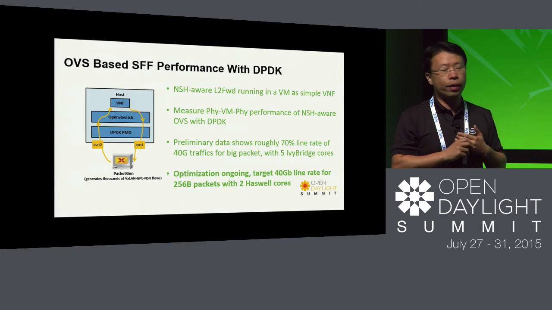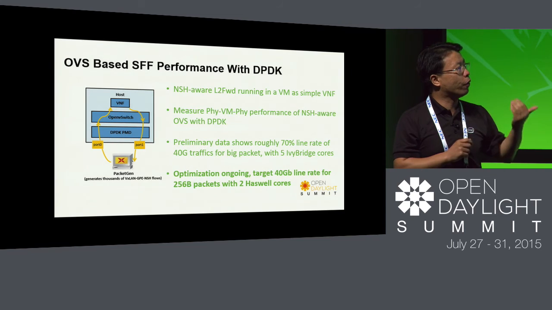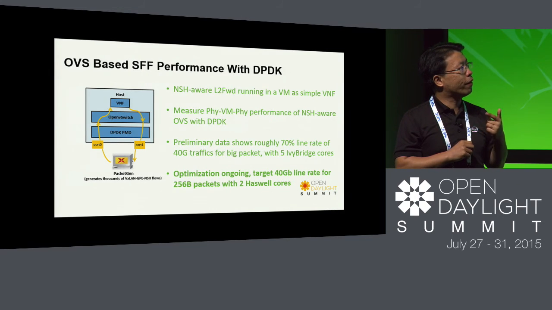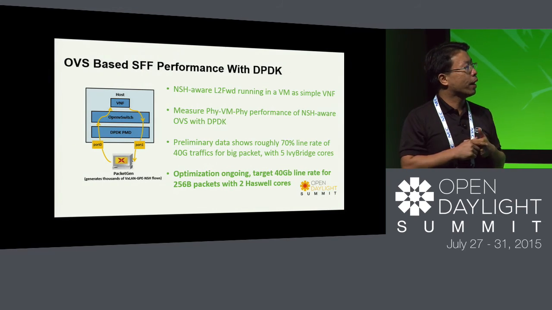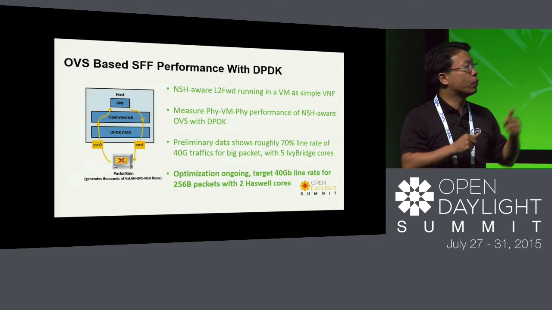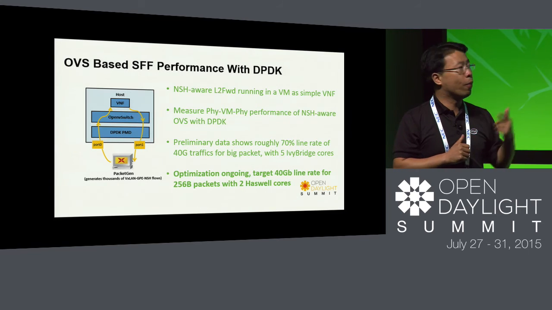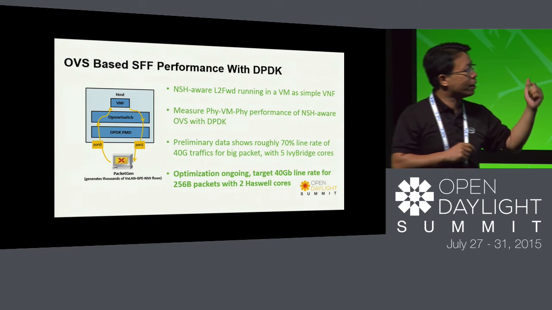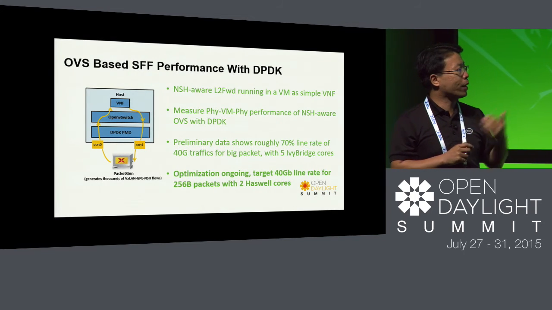The VNF here is just a very simple L2 forward application, which is NSH aware, by the way. Once it receives the traffic, it does a very simple task: it decrements the service index, then forwards the traffic back to Open vSwitch. Open vSwitch here acts as a service function forwarder. Once Open vSwitch receives the traffic, it sends it back via DPDK PMD to the packet generator. We measure that kind of performance.